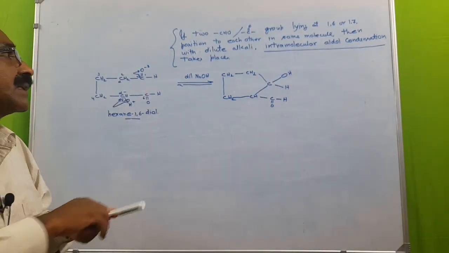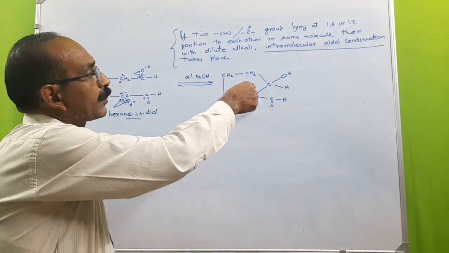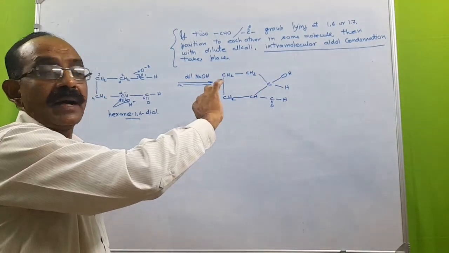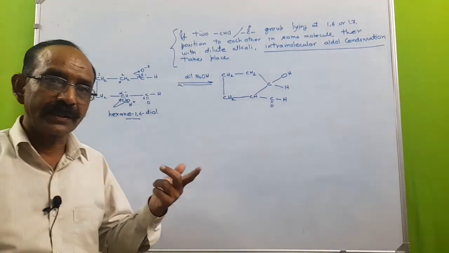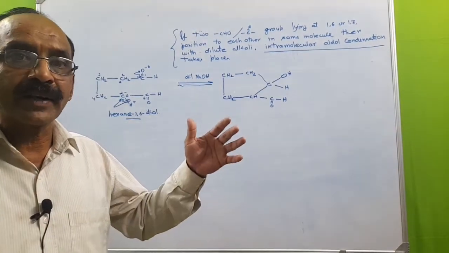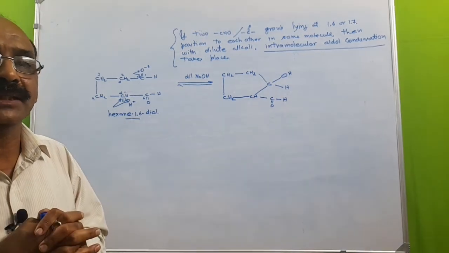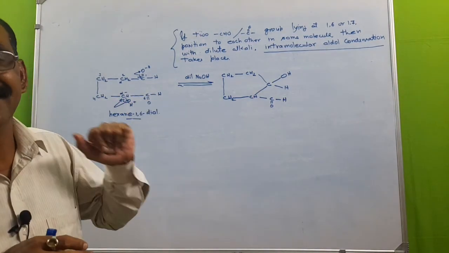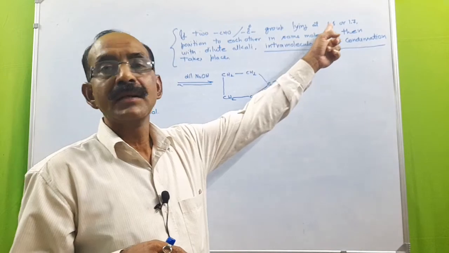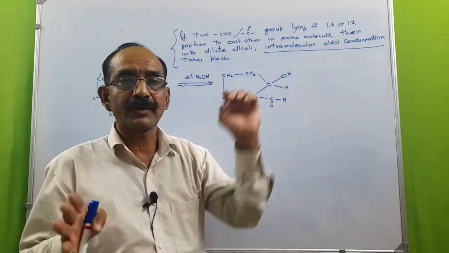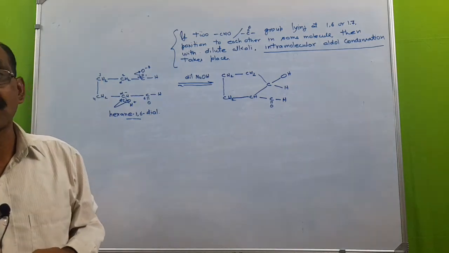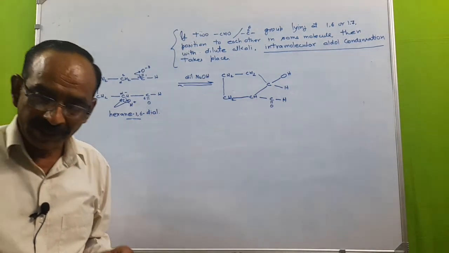Because in this situation we will obtain a ring-like structure, and we know that if a ring is there, there will be a strain. The larger the size of the ring, the lesser the strain. So in order to minimize the strain, the aldehydic or ketonic groups should lie at 1,6 or 1,7 position. Okay, is it clear?